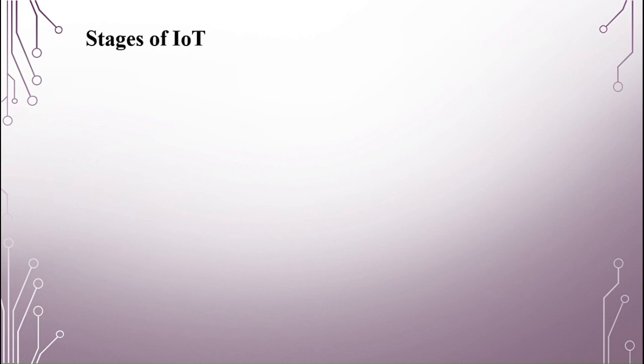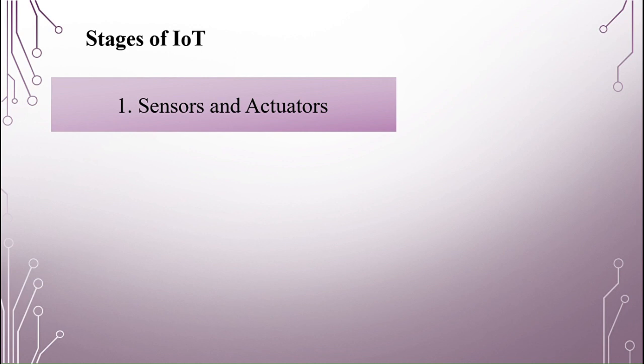Then we have the stages of IoT. The various stages of IoT include, first, sensors and actuators. Sensors and actuators are connected to devices to monitor and control the physical process.